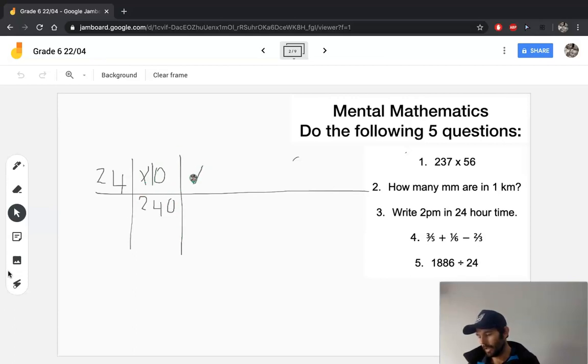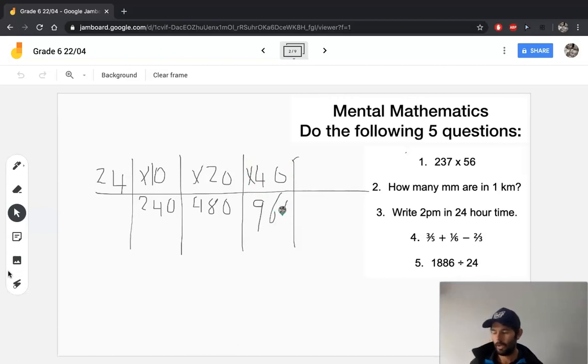If I then double that, 480. If I then double that, 960. And if I multiply it by 100, it's 2,400.